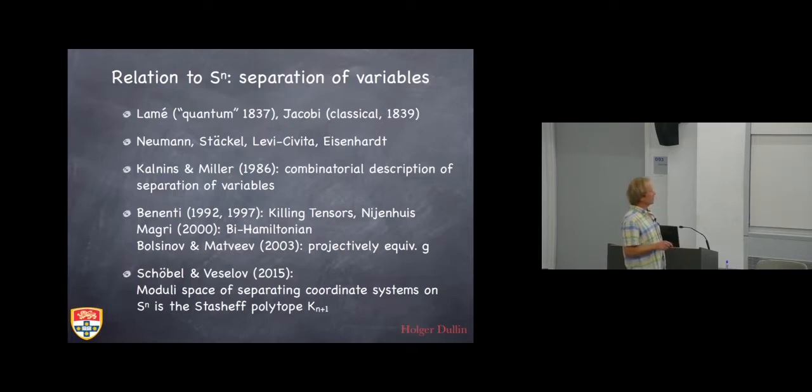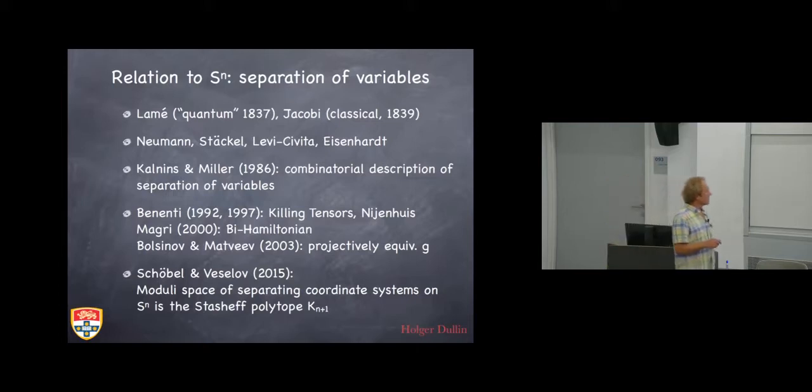So it really goes back to Jacobi when he invented elliptic coordinates, or spheroconical coordinates, I guess, if you do it on the sphere. Interestingly, I noticed that Lamé did the quantum case earlier. He was interested in the heat equation, separation of variables, but this was done earlier than the geodesic flow.